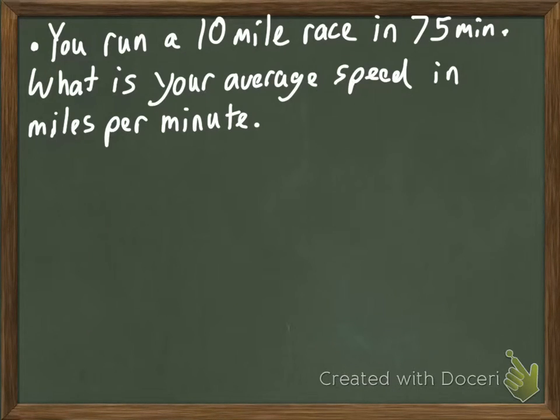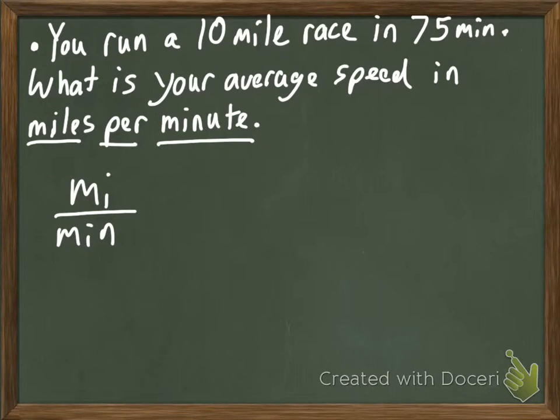So for example, it says you run a 10-mile race in 75 minutes. What is your average speed in miles per minute? So we're looking for miles per minute, which means it's going to be miles over minutes. So let's see, how many miles did we run? We ran 10 miles in 75 minutes. Now what we need to do is see if this is in simplified form. And it's not.